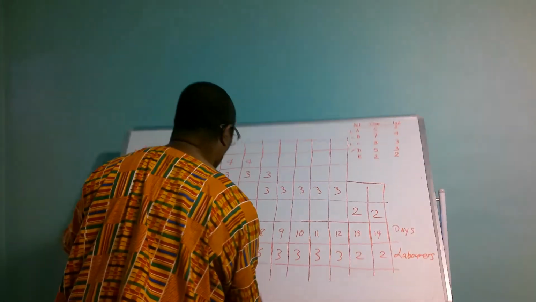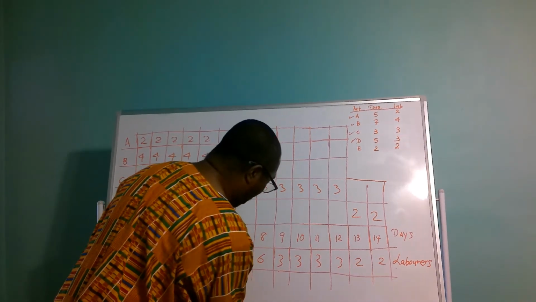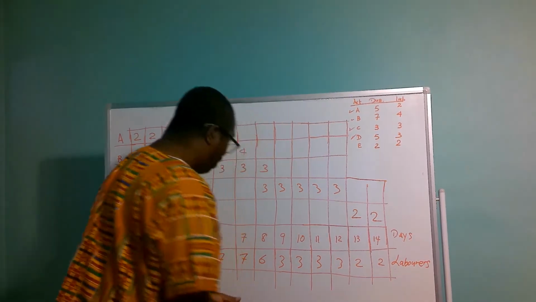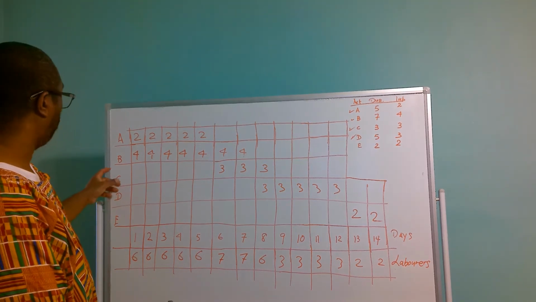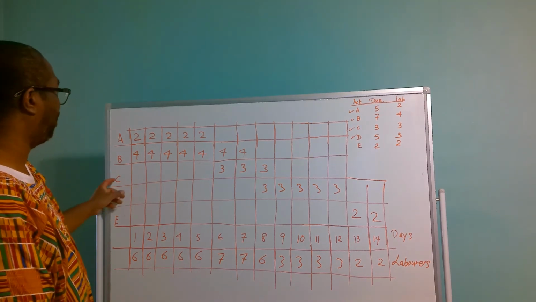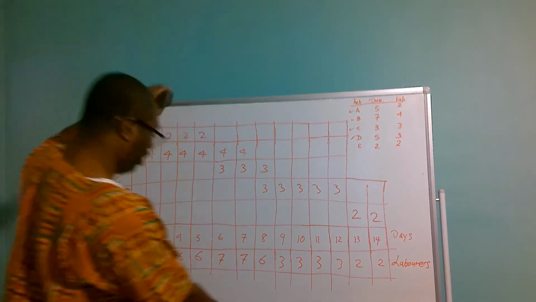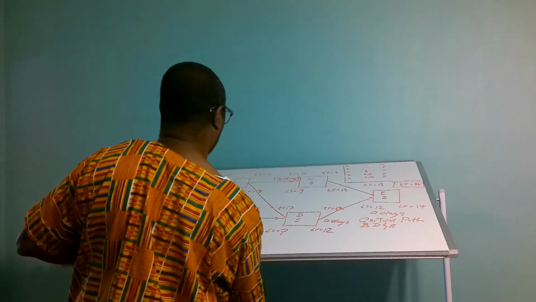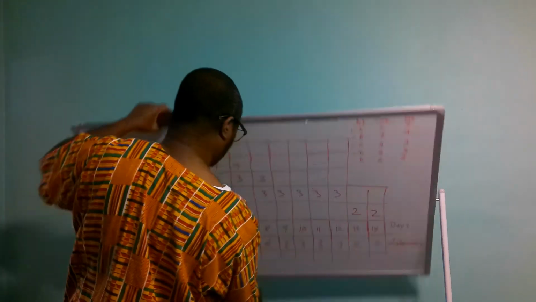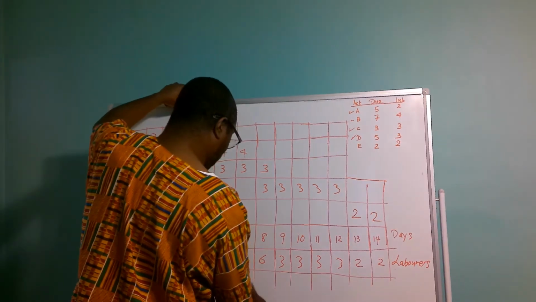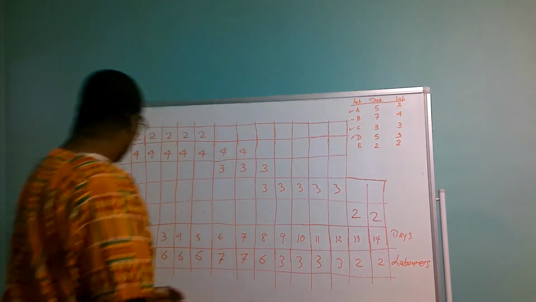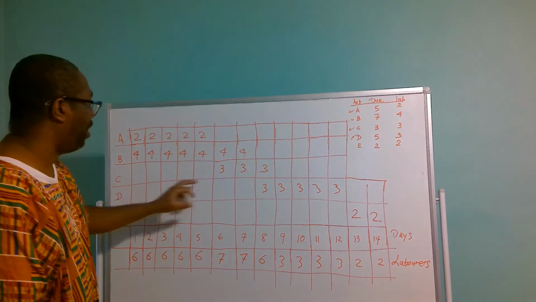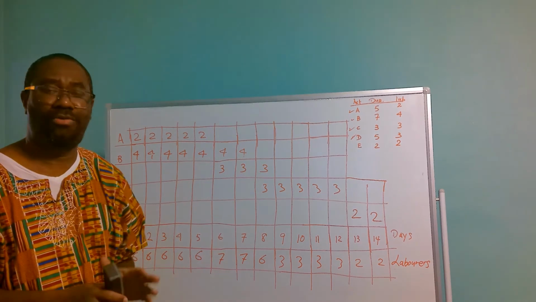So it goes to activity C, sorry, because activity C has 2 floating days to give.